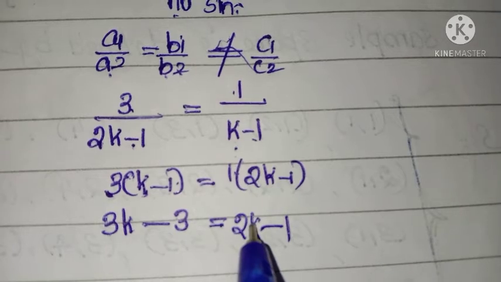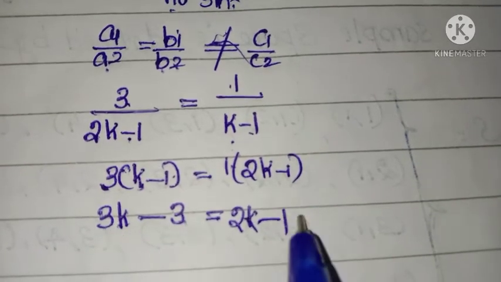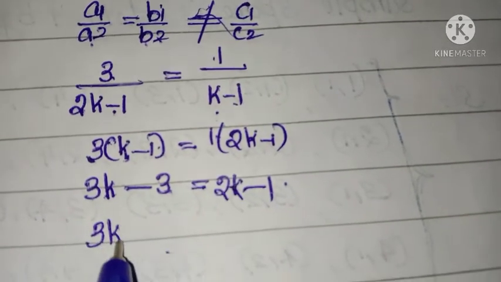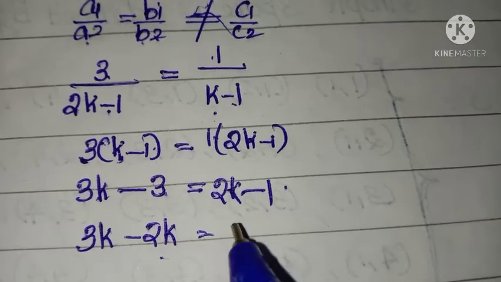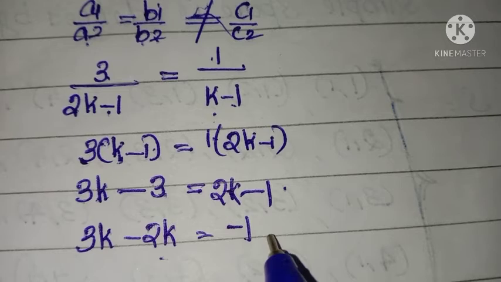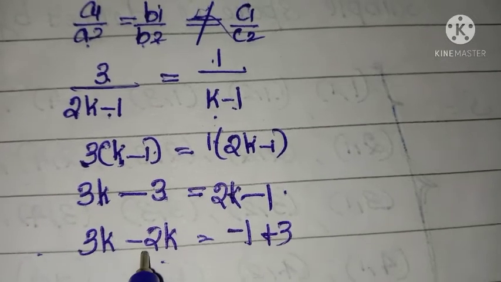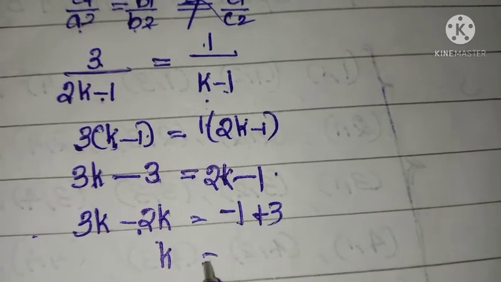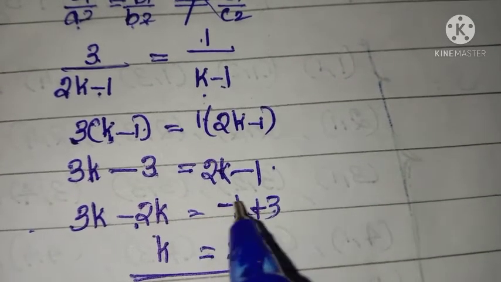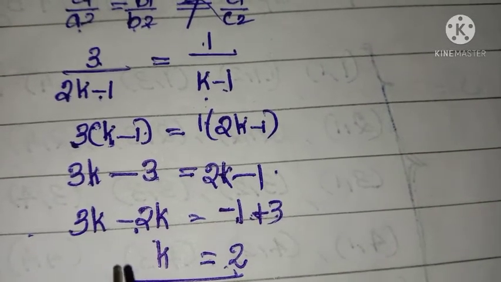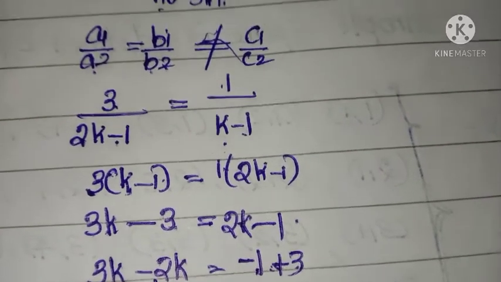Now collect the k terms to the left, and the constant terms to the right side. So 3k minus 2k is equal to minus 1 plus 3. 3k minus 2k is k. Minus 1 plus 3 is 2. Okay. So k is equal to 2.